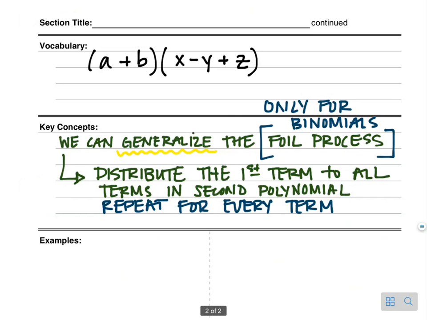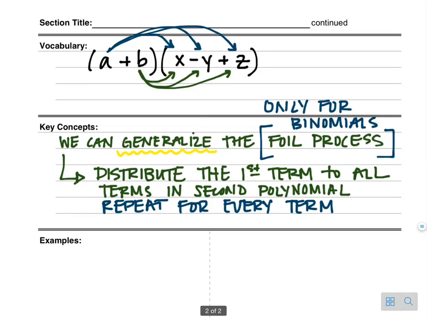So similarly, in this case, I have a binomial that is multiplied by a trinomial, because there's 3 terms in the second polynomial. And when I do this multiplication of a binomial times a trinomial, I am allowed to indicate that I'm going to multiply a, in this case my first term, to the x, the negative y, and the z.